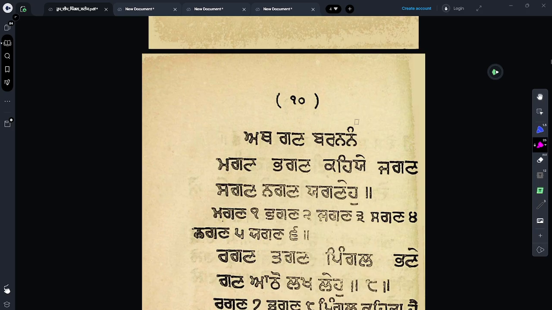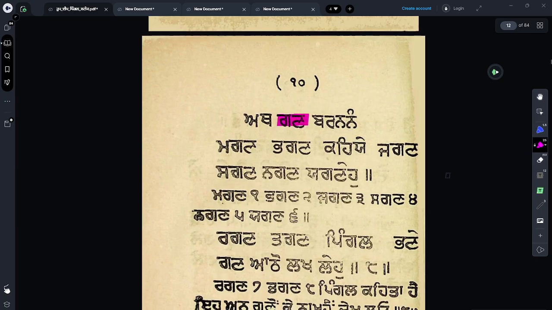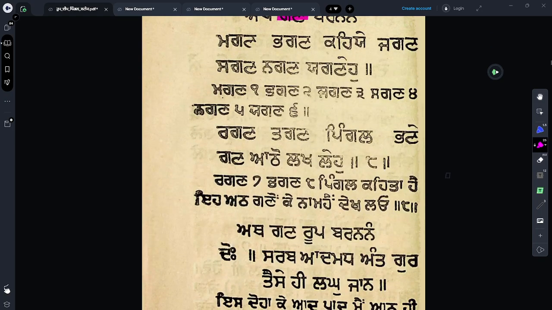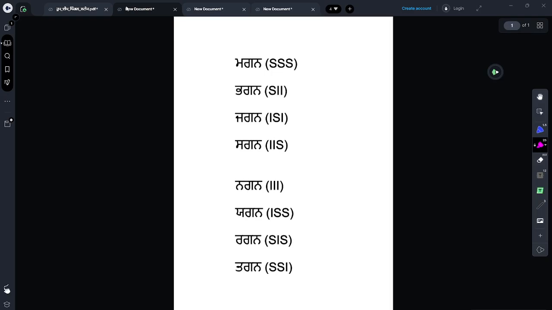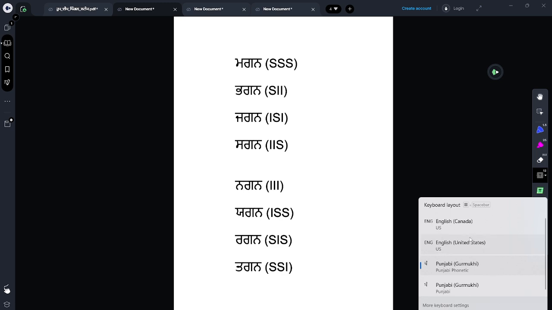And what does that mean? Is there sets of 3 syllables, right? So gan is a set of 3 syllables. And what are these then? How do they work? Explains it here. I'm just going to show a picture so it's easier to understand first. So what does S-I-I, what does this all mean?